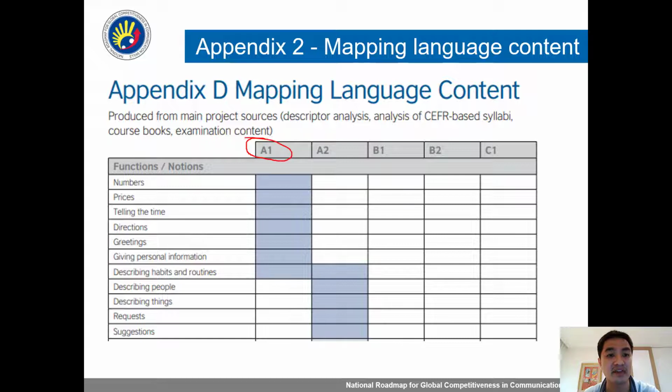So if I have an A1 score, this is actually a TOEIC 225. I don't think IELTS goes as low as A1, but TOEIC, you can actually get A1 scores. If I have a TOEIC 225, which is 225 over 990, that means I'm in CEFR A1. These are the functions I should be able to do, right? And then if I have a TOEIC score of around 550, which is CEFR A2, I should be able to do these functions like requests and suggestions.